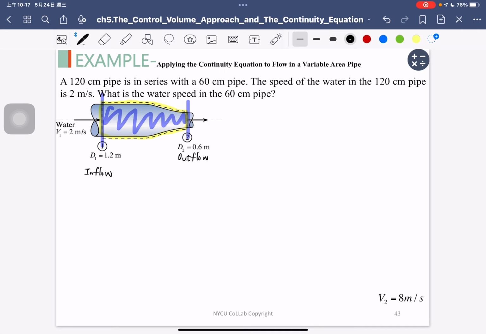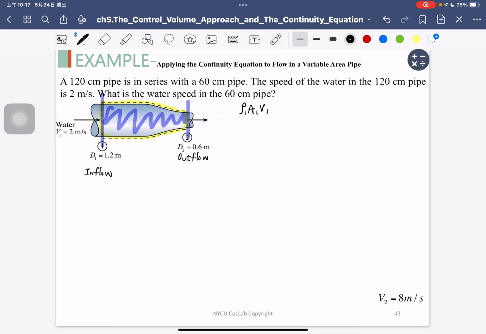First, we know that the continuity for pipe flow is rho 1 times the cross-section area A1 multiplied by V1. Here I don't use the integration because the flow is uniform flow. Uniform flow indicates the whole cross-section area has the same velocity.